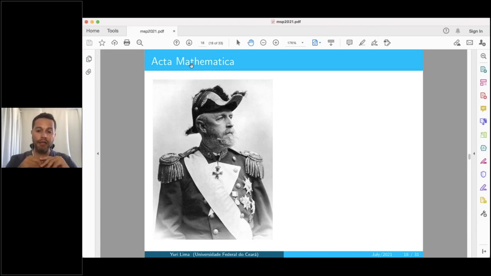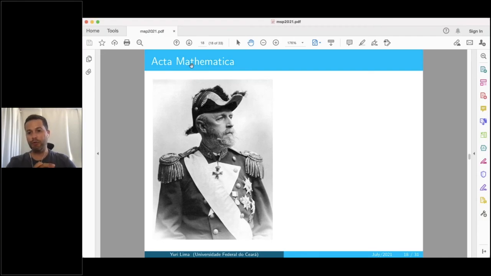In the 1800s, around 1880, it didn't even exist, and it only existed after this guy in the picture decided to create it. This guy is called Oscar II.